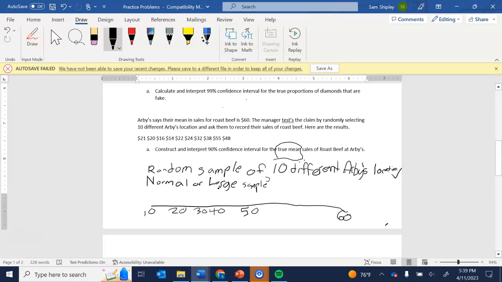So you'll just put our dots. We have 14, so that would go right here. 16, go right there. Next highest is 20, so that'll go right there. 21, 22, 24, 32, 38, 48, and then 55.